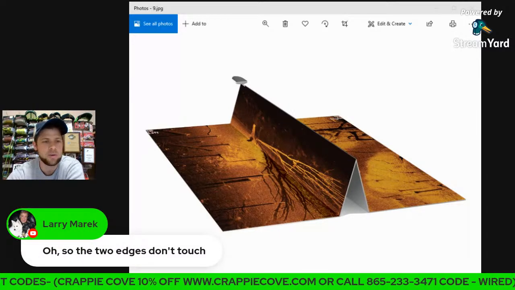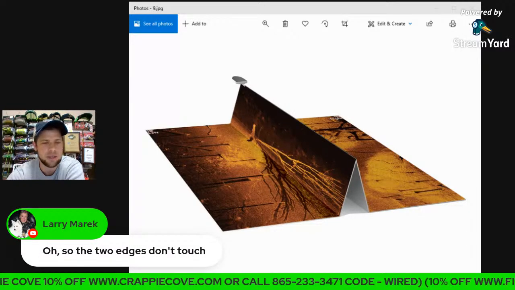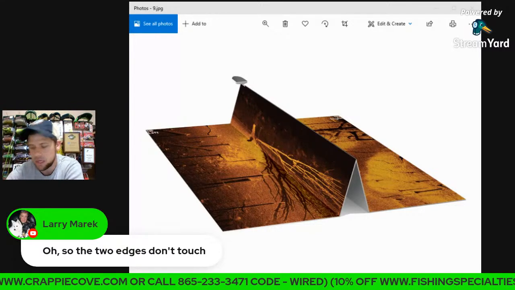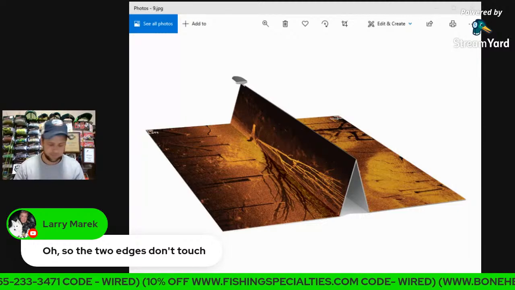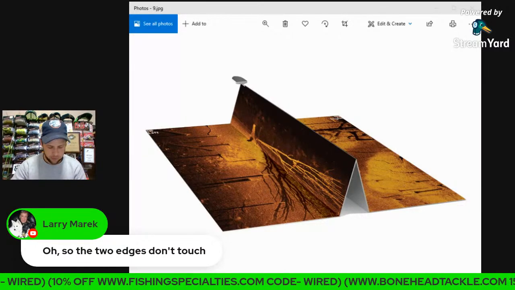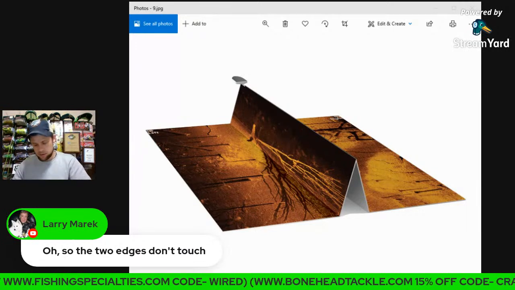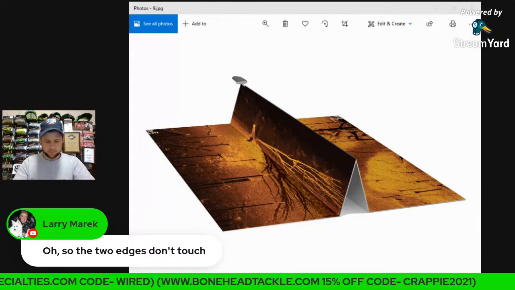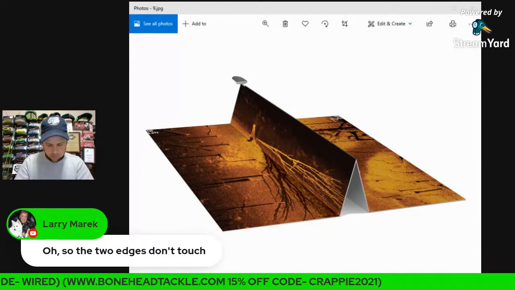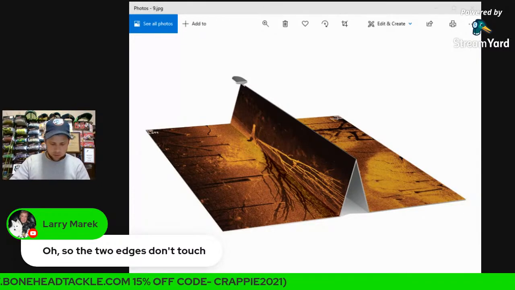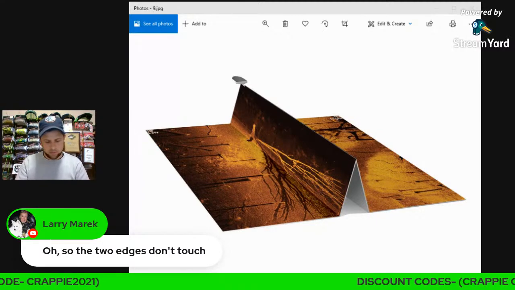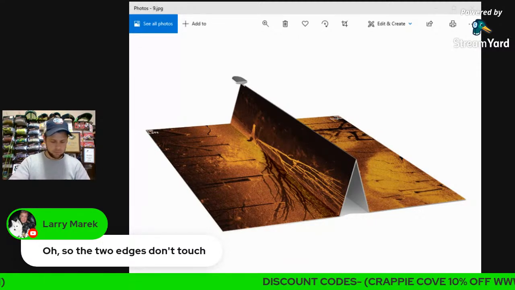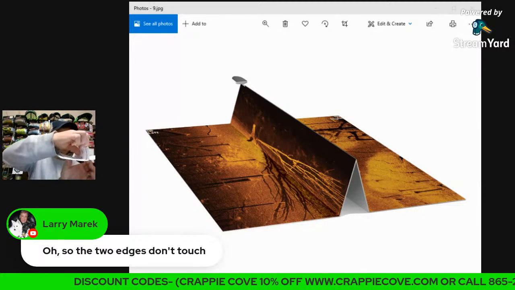So Larry says, oh, so the two edges don't touch. That's correct. The two edges do not touch. Again, I can fold a paper up for you guys right here real quick. So this is not what it looks like.